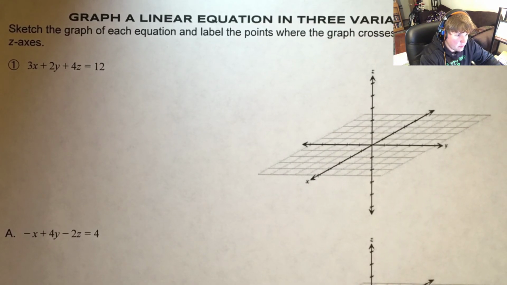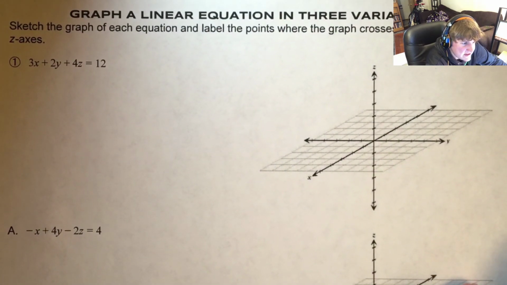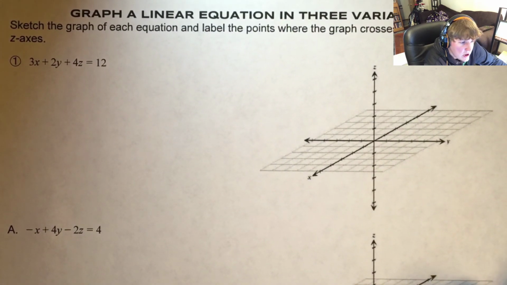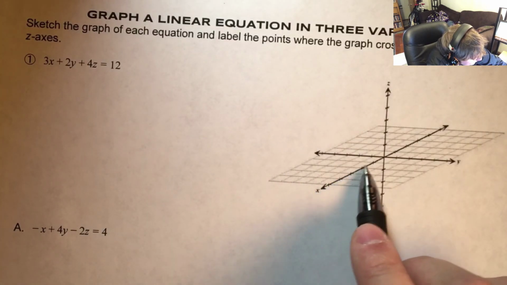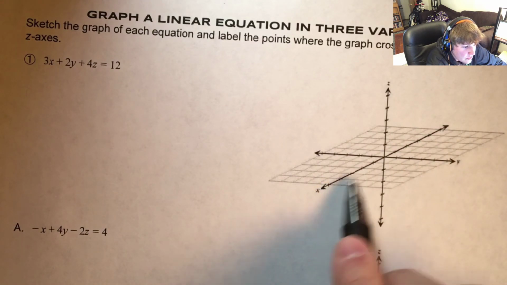Okay, before we move on to these ones, let's recall something we did in the first section, which is talk about the x-axis. If I am lying on the x-axis exactly, what do we know about the y value?